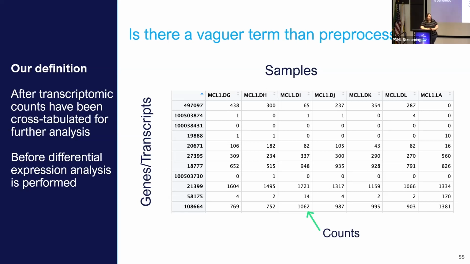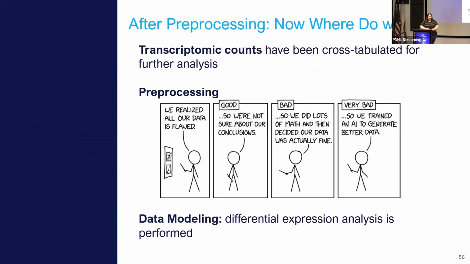And then we're ready to say, well, okay, can I actually analyze my data and say anything about whatever it is that I'm studying? So after you've cross-tabulated these, you've done some pre-processing, and then we want to do some modeling. And what people in the field refer to this as is differential expression analysis.